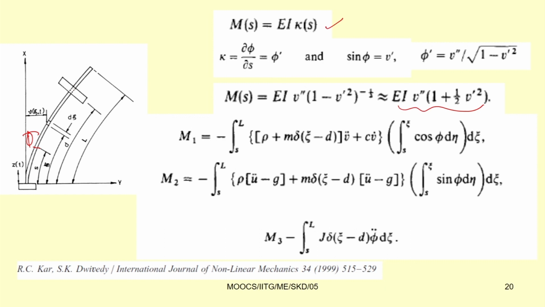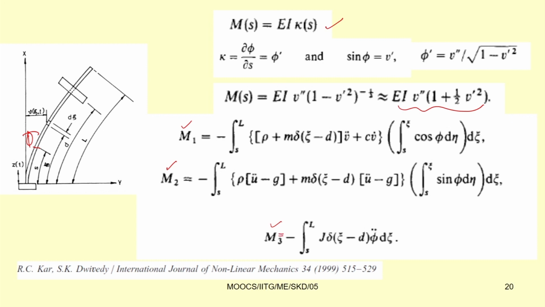Let us take the moment due to the inertia forces along the transverse direction as m1, the moment of the forces along the longitudinal direction as m2, and the moment due to the rotary inertia as m3. So, we have these three terms, and this way we can write.